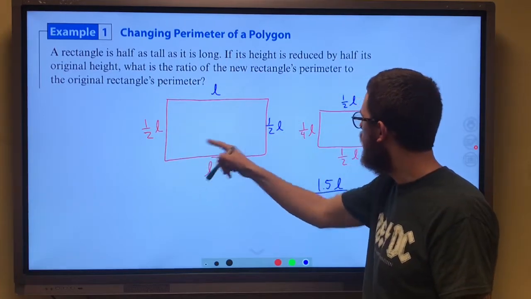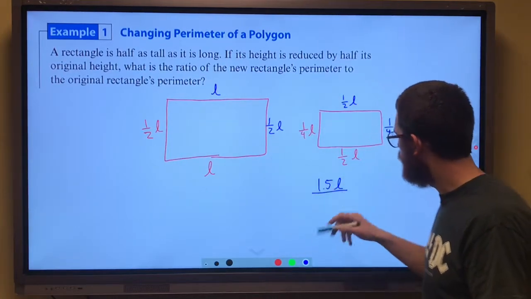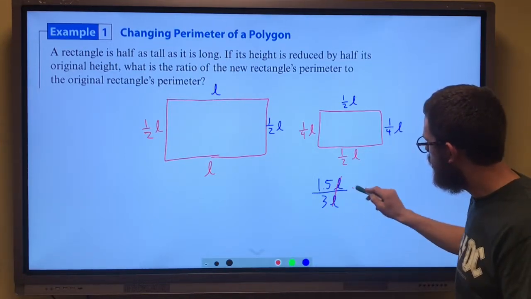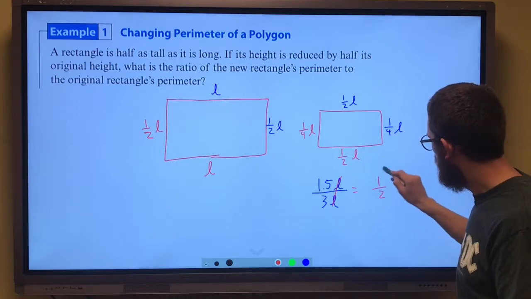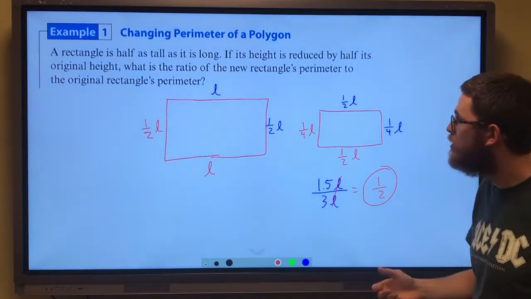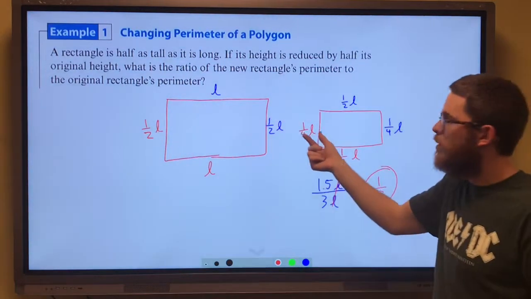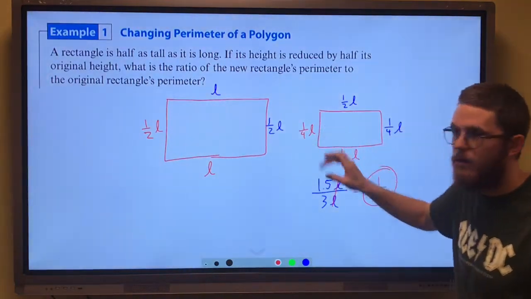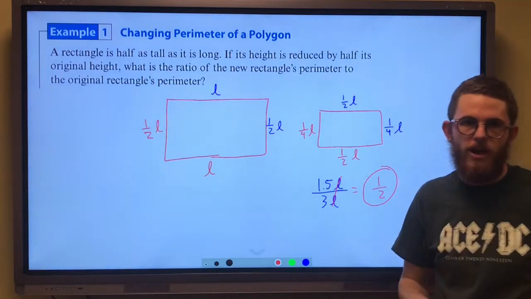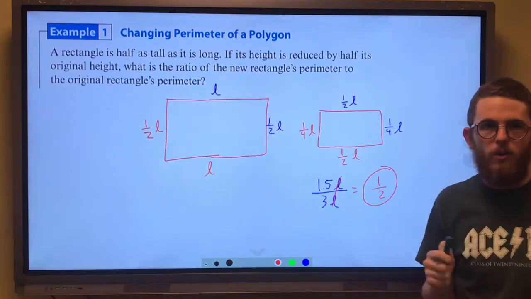So that would be half, that's 3L. And so when we simplify this, the L's cancel out and we get a half. It is a half. And notice how it went down by half. We shrunk the height by a half, and so that scale factor maintained all the way to the perimeter.